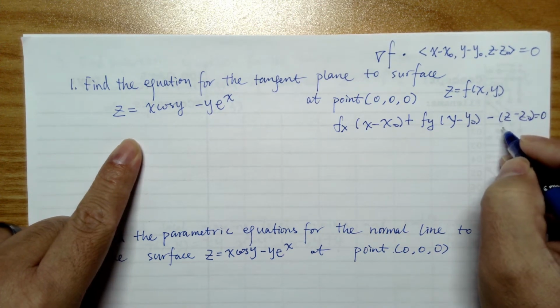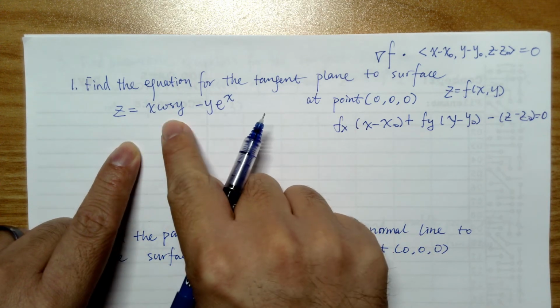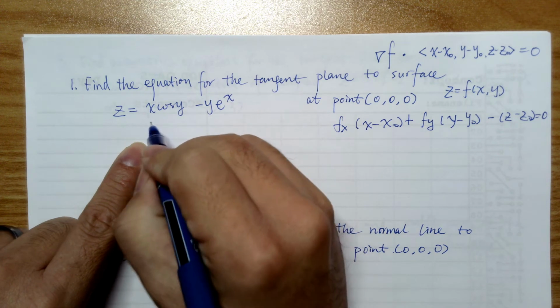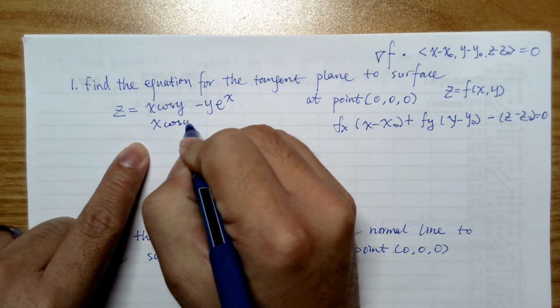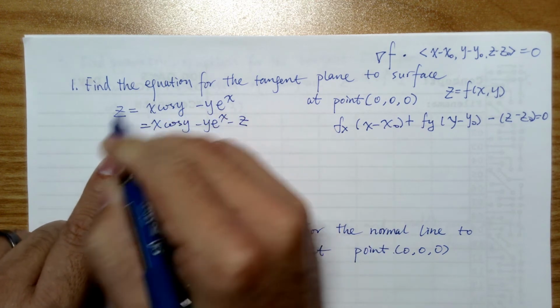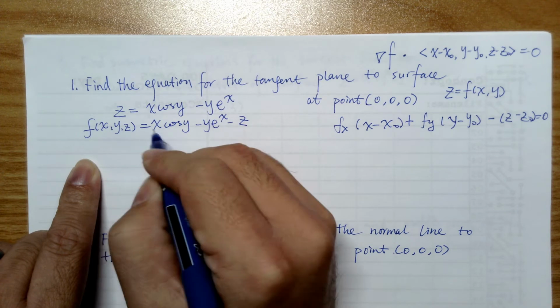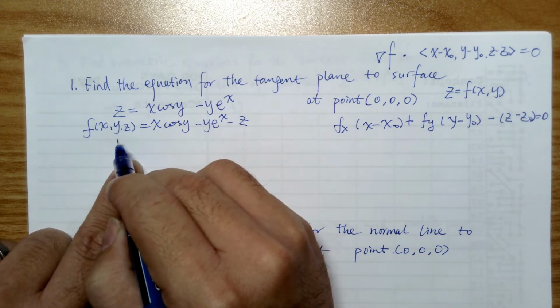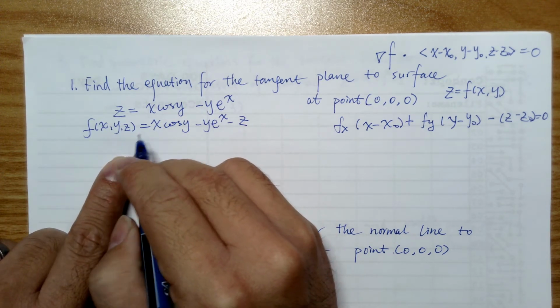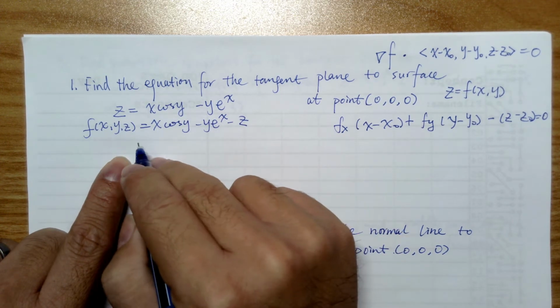The coefficient of z is -1 because if you reorganize this function into x cosine y minus y e to the x minus z, and denote it as f of x, y, and z, the gradient is partial f partial x, partial f partial y, and partial f partial z.